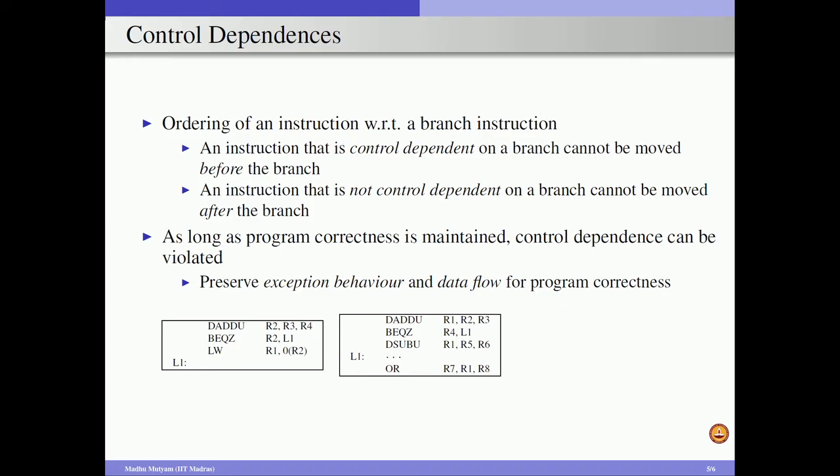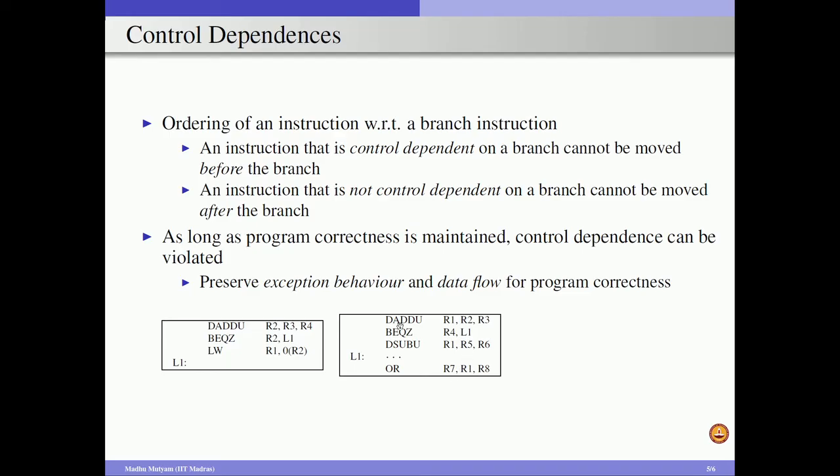So, in this scenario, we can clearly see that the OR instruction requires R1, and this R1 can be supplied by the add instruction or the subtract instruction depending on the branch condition. If the branch is taken, then R1 will be supplied by the add instruction.